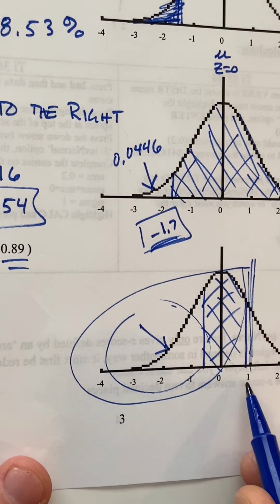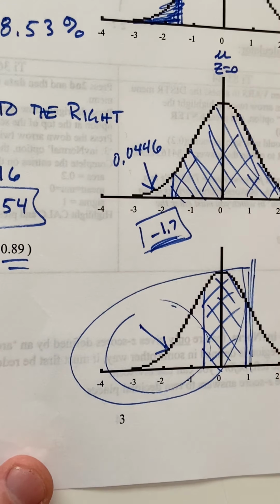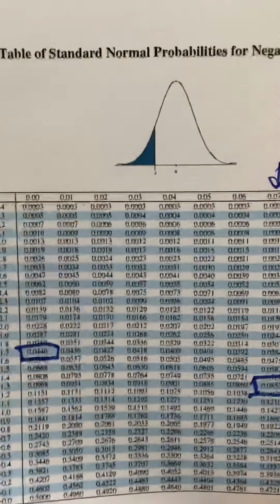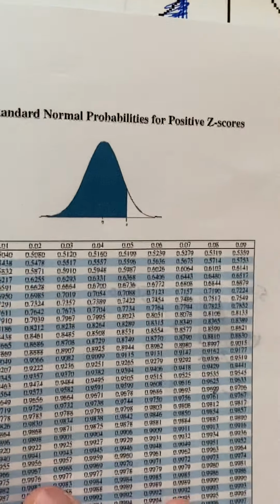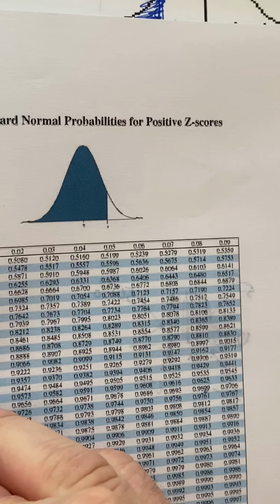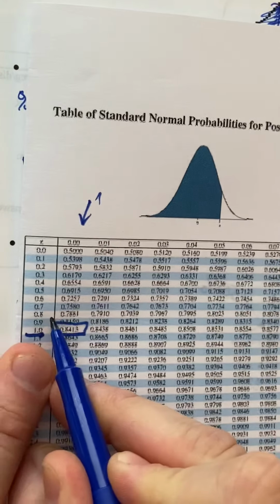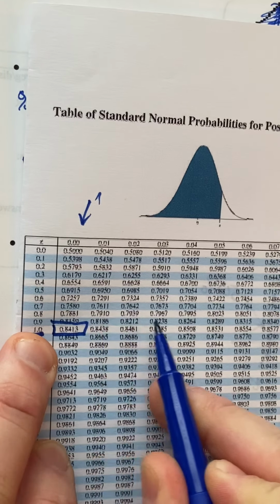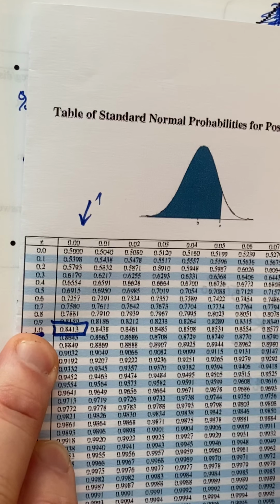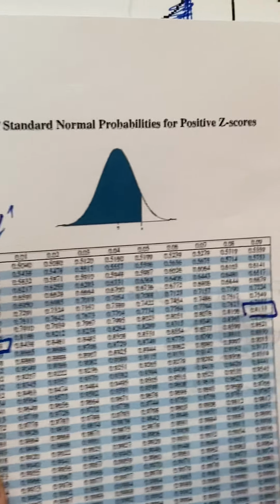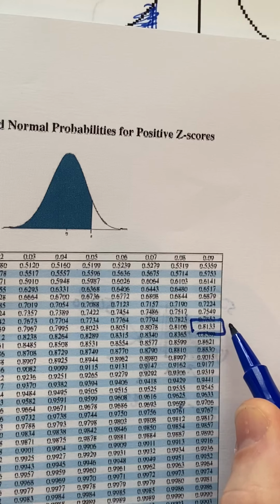Find the area to the left of 0.89. To do that using the z-table, we go to 0.8, and then to the nearest hundredth, all the way over to 9. It's hard for you to see, hard for me to see as well.